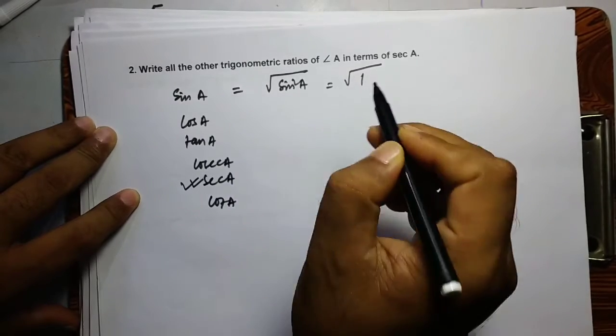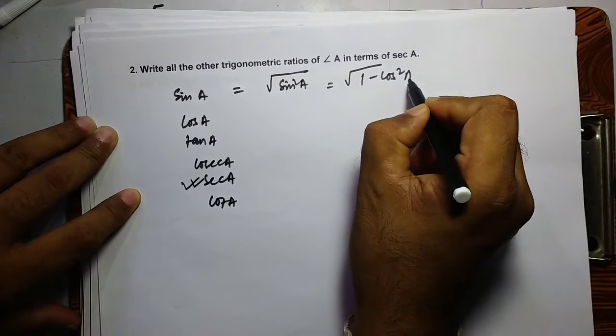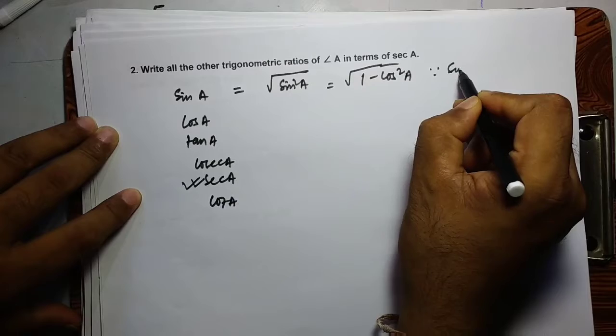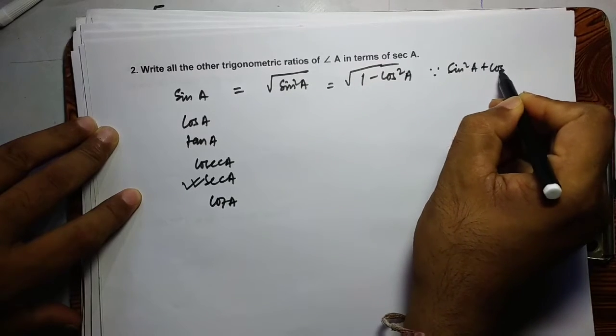So this is again root of 1 minus cos square A, since sin square A plus cos square A equals 1.